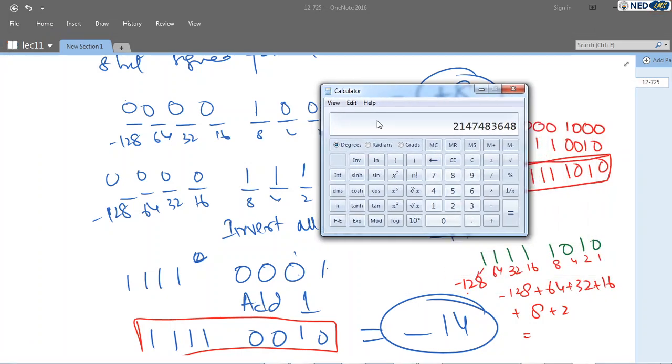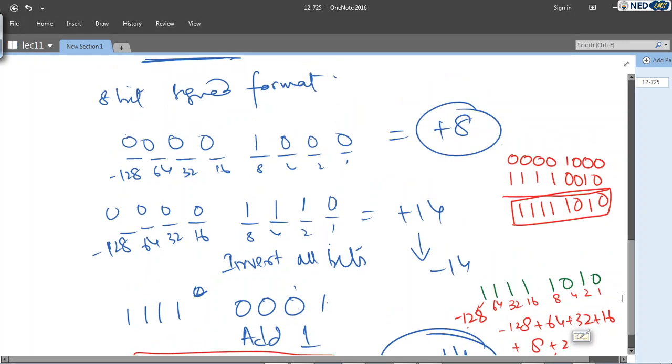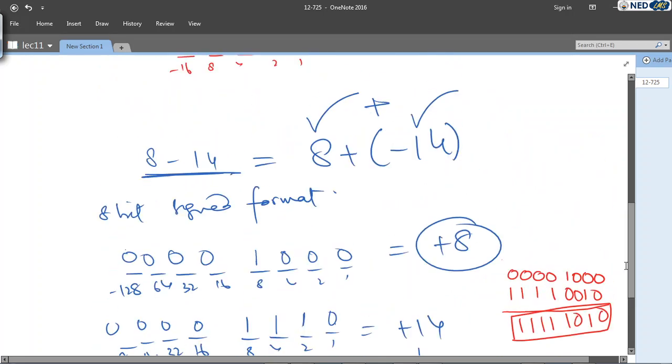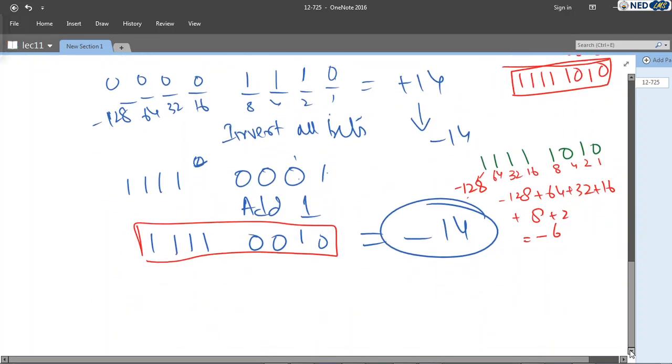Minus 128 plus 64 plus 32 plus 16 plus 8 plus 2, so I get minus 6. So 8 minus 14 equals minus 6, and that's how we get a negative number represented in 2's complement format.